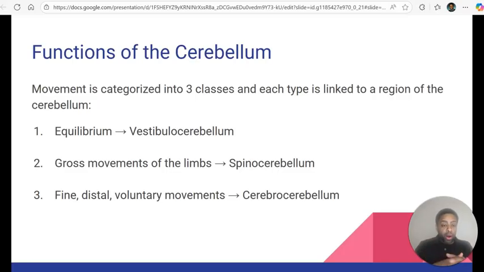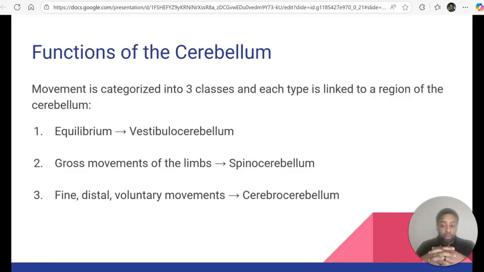That part of the cerebellum function is essentially linked to the vestibulocerebellum tract. We've talked about the spinal tract in one of the lectures. Gross movement of the limbs is just how fluidly the limbs move through space during a functional task or just during movement production, and that is linked with the spinocerebellum tract.